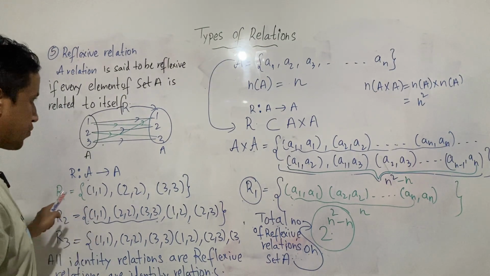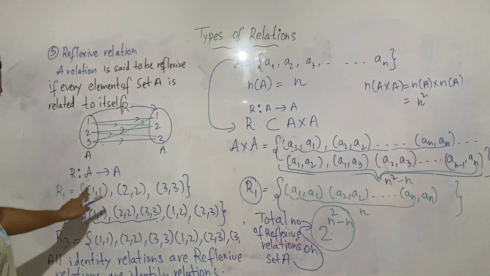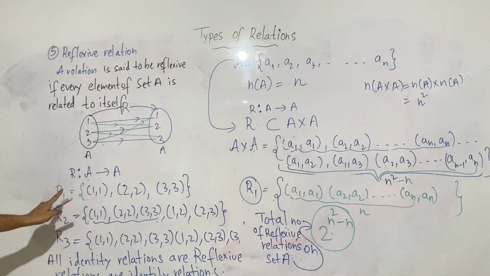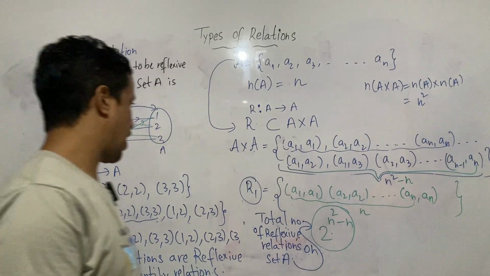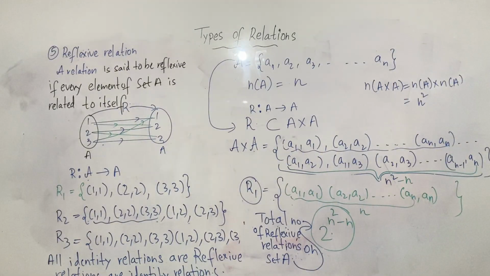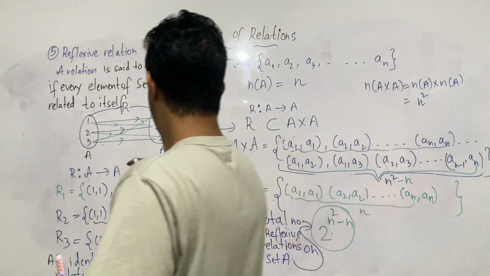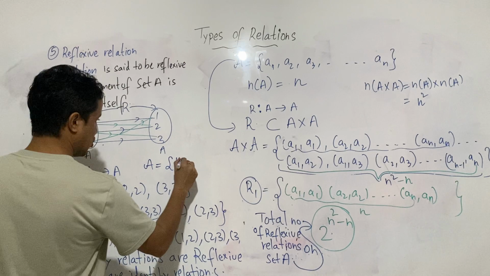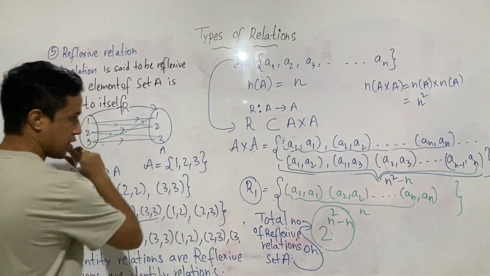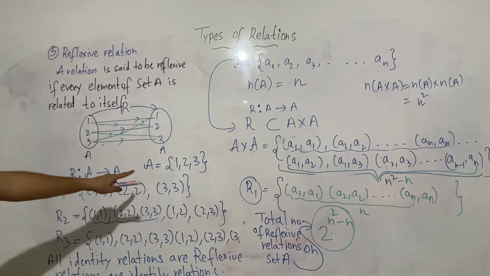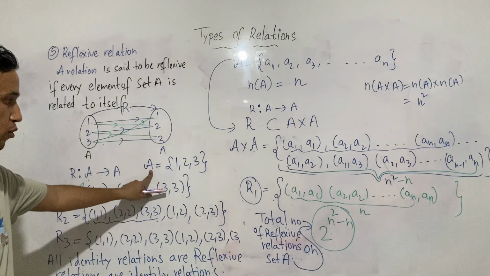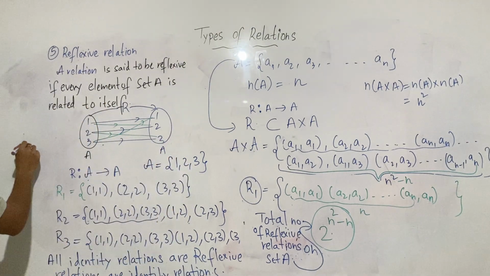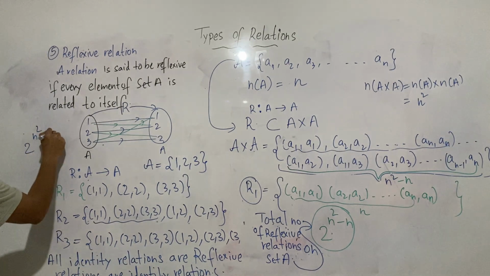Now see here, we had this set, and my set was A equal to 1, 2, 3. How many reflexive relations are possible here? It's going to be 2 raised to power n square minus n.